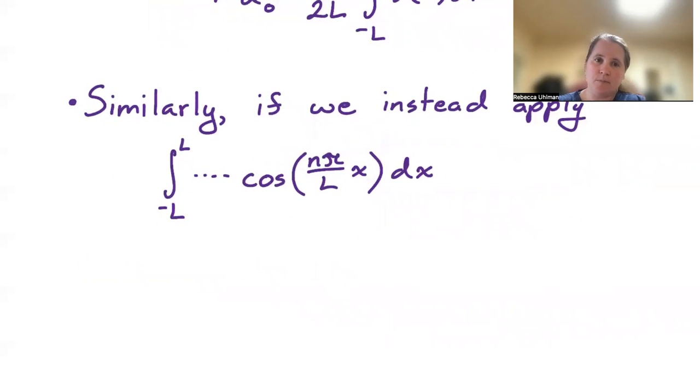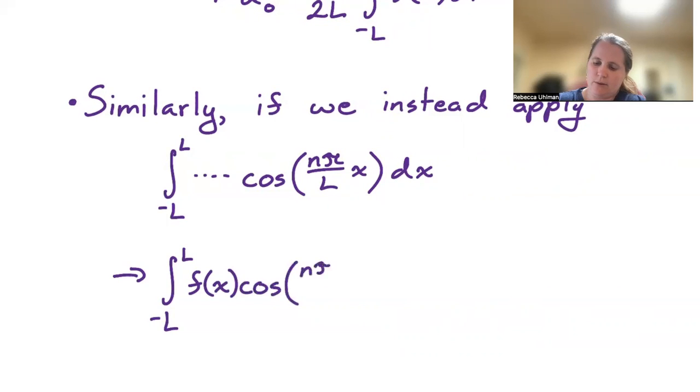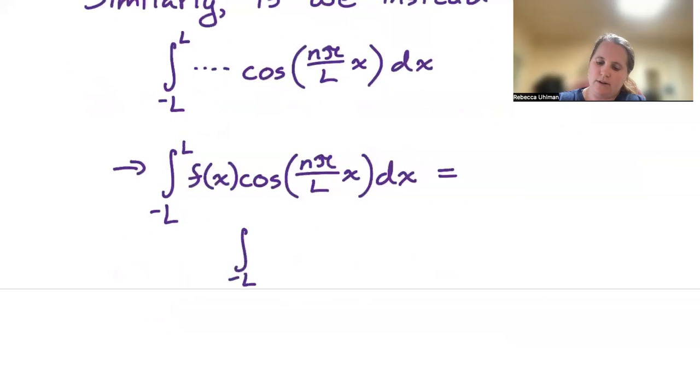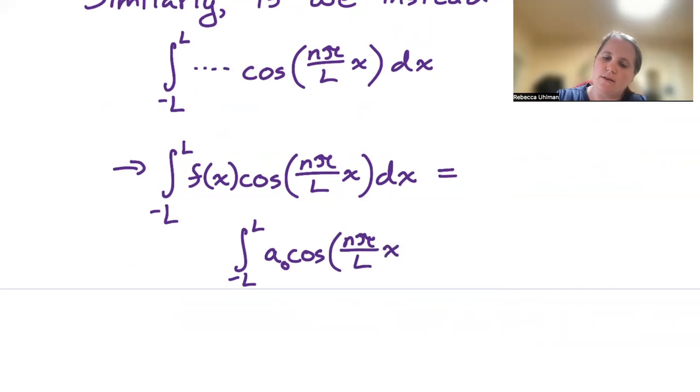Then we get the definite integral from negative L to L of f of x times cosine of n pi over L x dx is equal to the definite integral from negative L to L of a naught times cosine n pi over L x. Actually, I'm going to call these m pi instead of n pi. One moment. Let's change our constant to m instead of n.